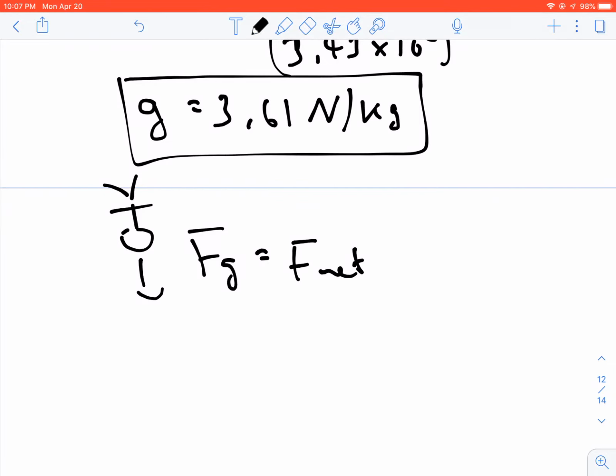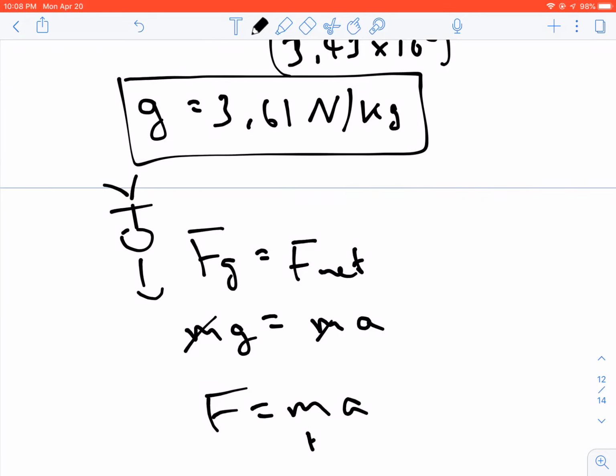And we know that if Fg is equal to m times g and F net is equal to m times a, then the masses of the person who's jumping cancel and a becomes g, where g is acceleration in meters per second squared. Think, well, hang on, where did that newtons per kilogram come from? Well, again, remember, what we know is that F equals ma, and that mass is in kilograms, acceleration is in meters per second squared, and our unit of force is in newtons.